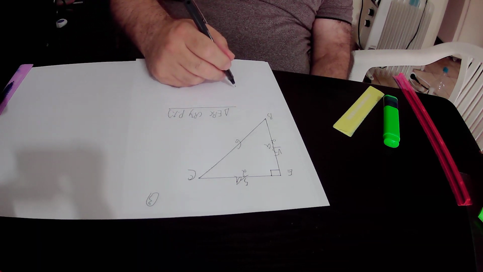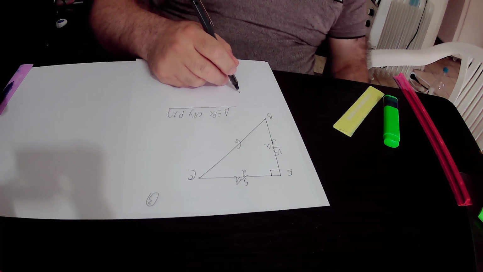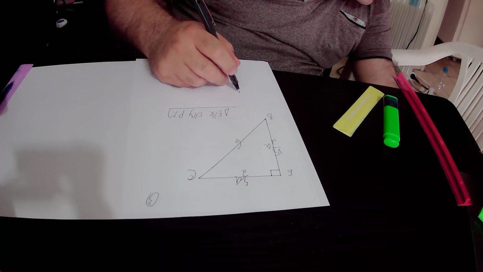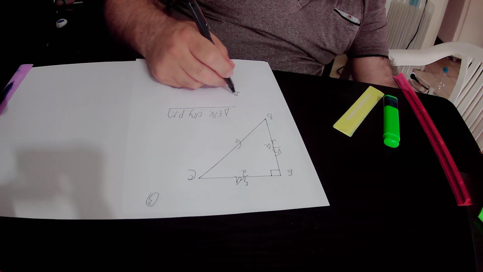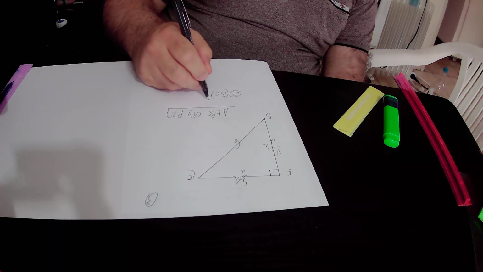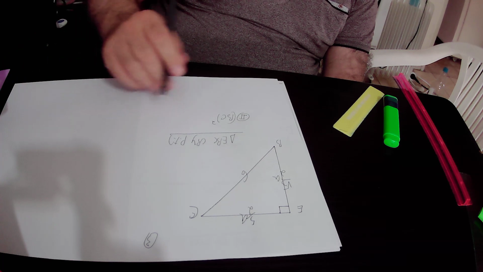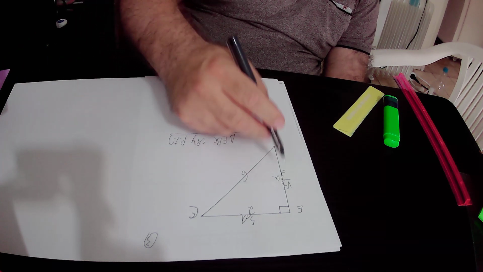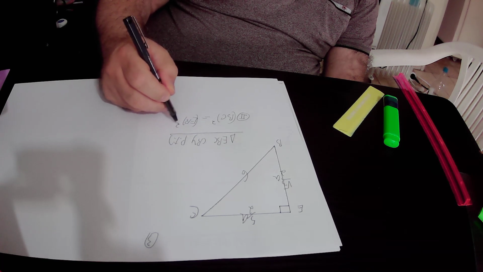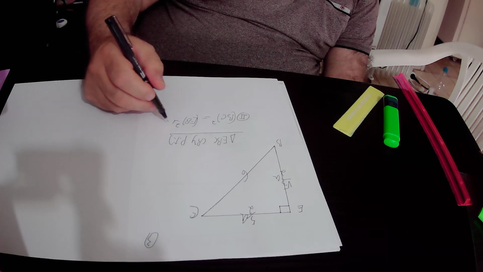The hypotenuse is BC, so the square of the hypotenuse is BC squared. And it must be equal to EB squared plus EC squared.